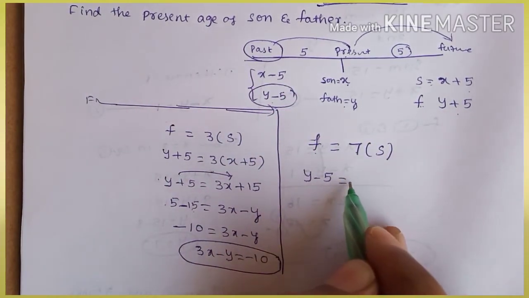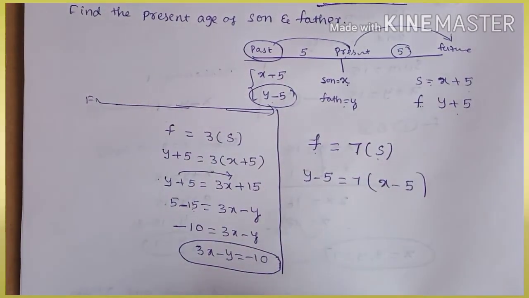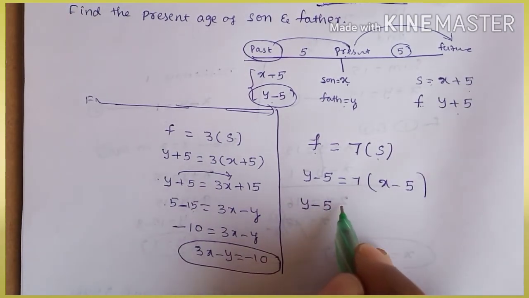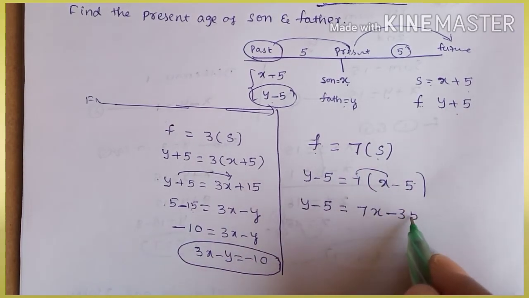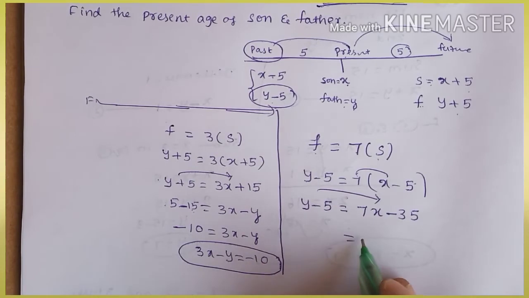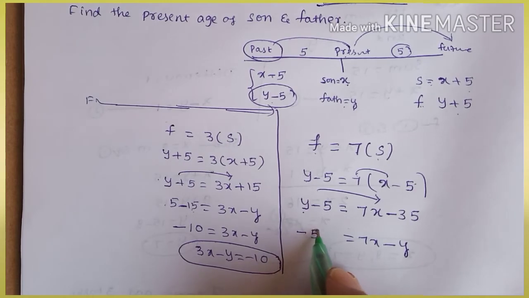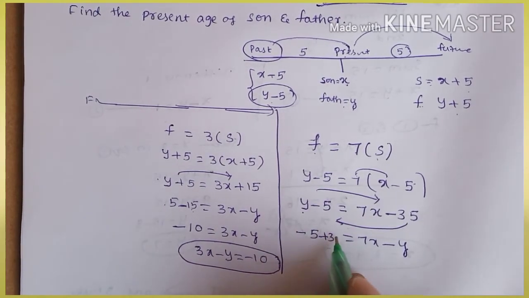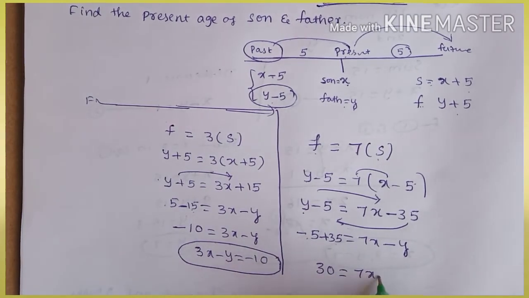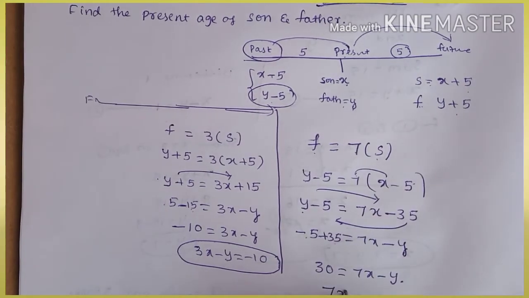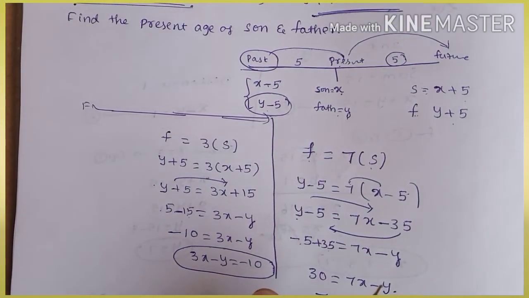Y minus 5 is equal to 7 into x minus 5. Now y minus 5 is equal to 7x minus 35. Transpose 7x and y, and transpose minus 35 as plus 35. 35 minus 5 is equal to 30, so 7x minus y is equal to 30. This is equation 2.